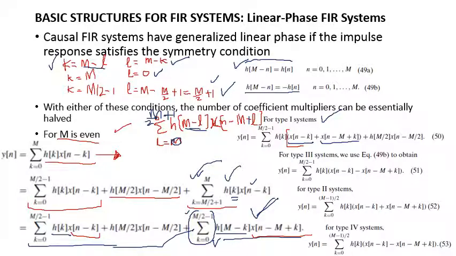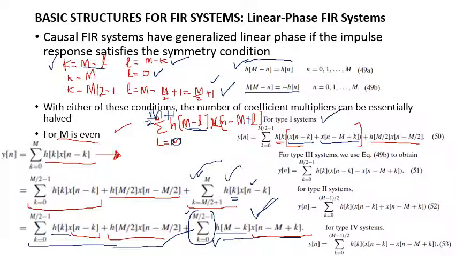Okay, so we have something like this. We have taken h of k as common. I hope that's clear to you. So the third term, we have this one. I've just mentioned the third term here. I hope that's quite straightforward, right? We just change the variable, based on the fact that in the case of a causal FIR system, the impulse response satisfies the symmetry condition.